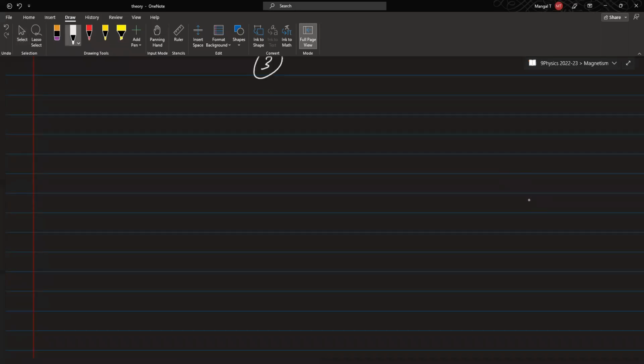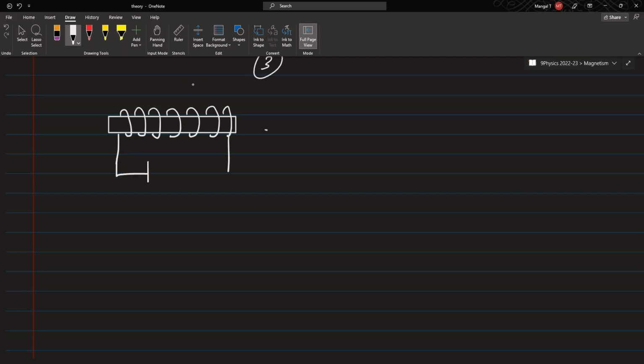Now for the electromagnet, over here I have a rod and I am wrapping wire around the rod, and then we will allow current to flow in it.